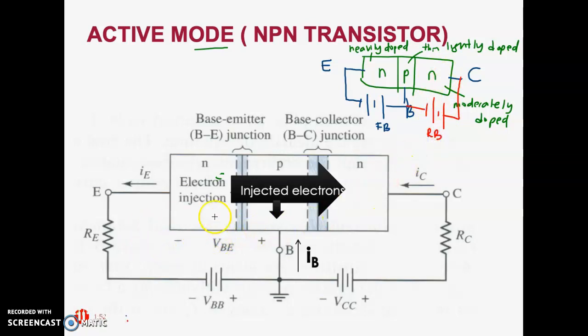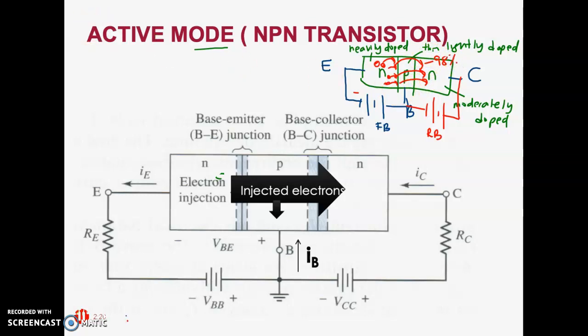Now look back here. The N majority carrier here is heavily doped and it is electron. Electron and negative are repelling, so your electron here will move forward to your base. Since your base is very thin and lightly doped, most of the electrons will jump from your base towards your collector, around 98%.